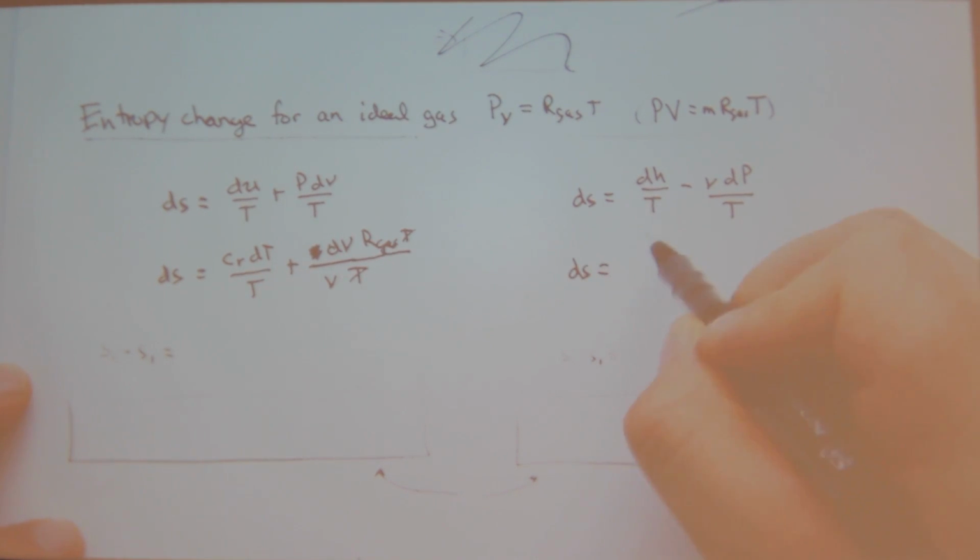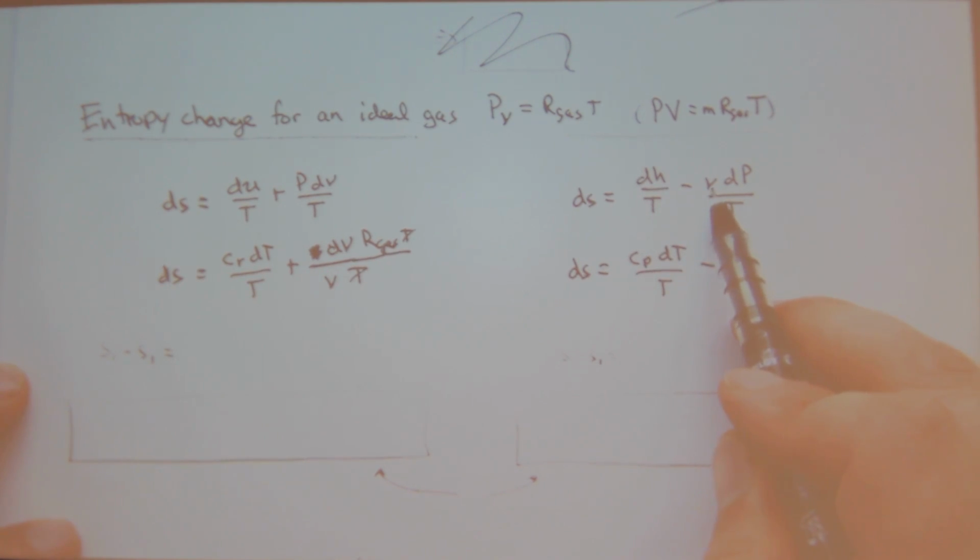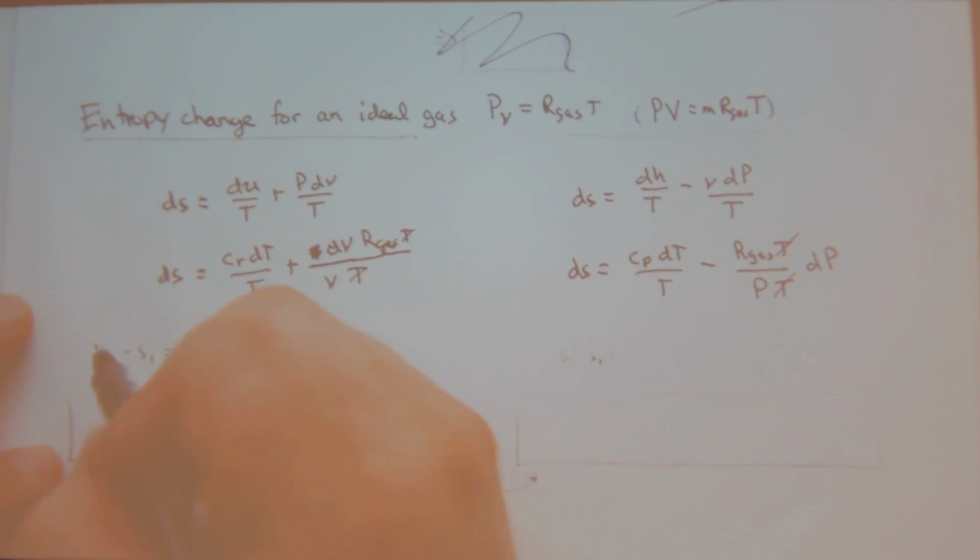Likewise, I have here dH, Cp dT over T minus, now I can write V as a function of P, so I get R gas T over P, dP, those cancel out.